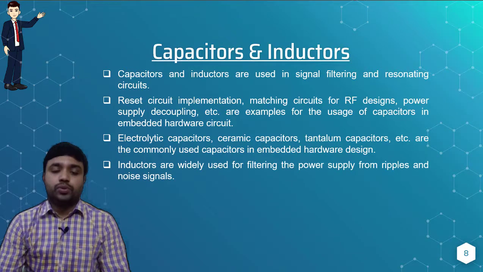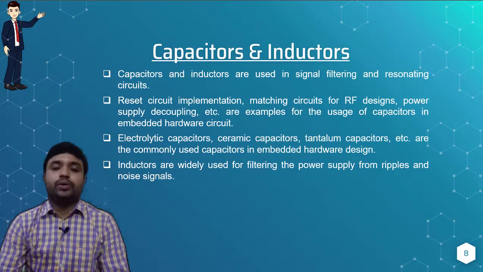Okay, so these are considered the commonly used capacitors in embedded hardware design. Inductors are widely used for filtering the power supply from ripples and noise signals. That means if we want to make use of a DC supply, we need to filter out the AC component that exists inside the power.